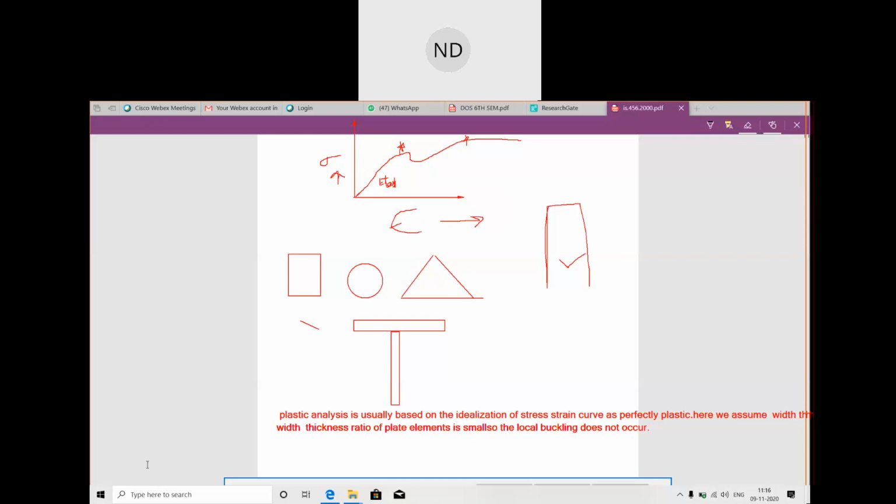In this analysis, we assume the width to thickness ratio of the plate element is small so that there is no local buckling occurring.